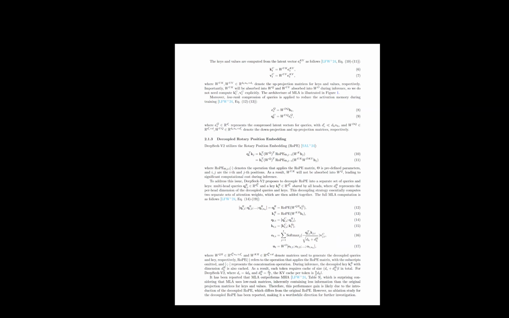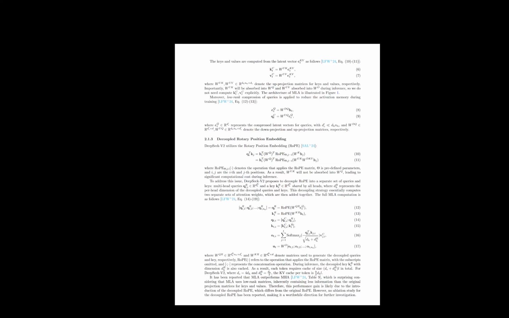The keys and values are computed from the latent vector c^KV_t as follows [LFW+24, Eq. 10, 11]: k^C_t = W^UK c^KV_t (6), v^C_t = W^UV c^KV_t (7), where W^UK, W^UV ∈ R^(d_h·n_h×d_c) denote the up projection matrices for keys and values, respectively.